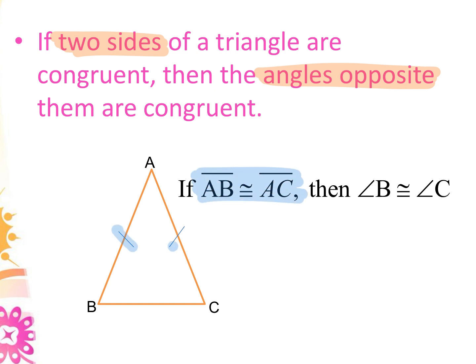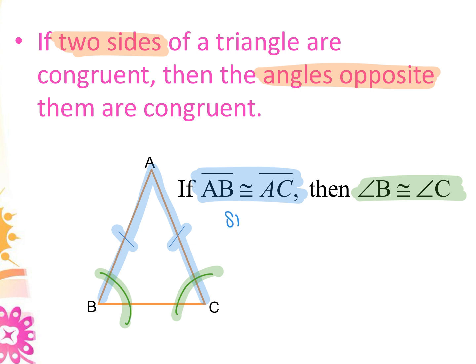Here are my two sides represented by my symbols. If my two sides are congruent, then that also means these angles right here are also going to be congruent. This is base angles theorem. I'm going from sides to angles. If my sides are congruent, then my angles are congruent. So be aware of that.